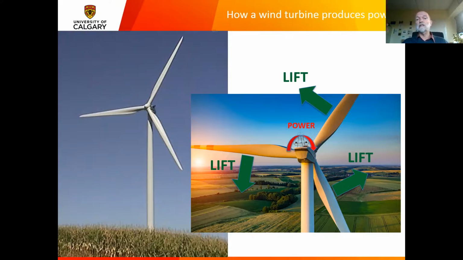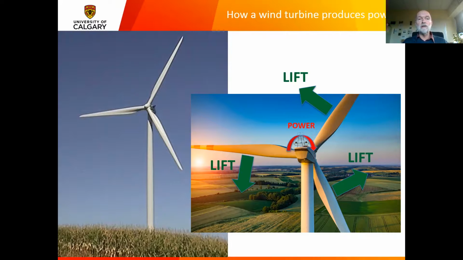The difference is that that lift causes the blades to rotate, and in the nacelle on top of the tower, as I pointed out, and I'll show you a diagram later, there's a generator that turns that rotational motion into electrical energy. And so that's a very simple and, I think, a very useful way of looking at how a wind turbine works. So the blades are, very roughly speaking, rotating wings.